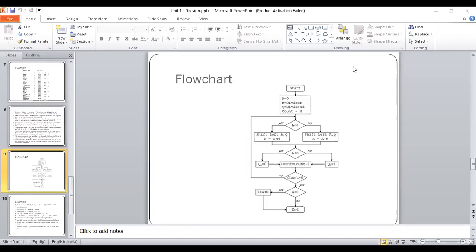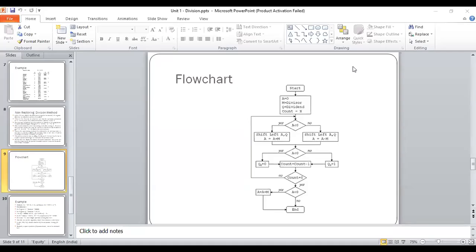Similarly, in the non-restoring method, this is 200, so you have to convert this 2's complement data. You have to add an extra 0 to this, saying it is plus 200.